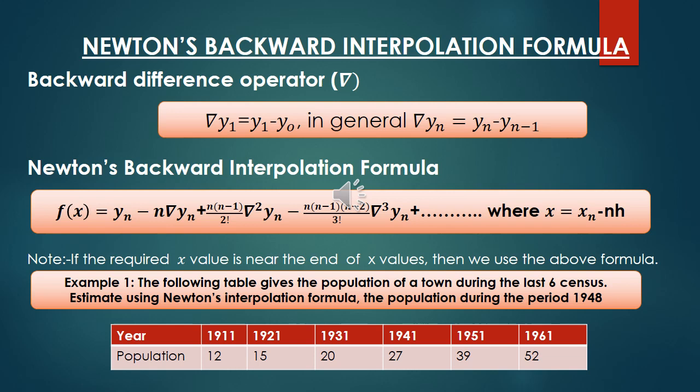When applying this formula, if the required x value is near the nth x value, then we use Newton's backward interpolation formula.